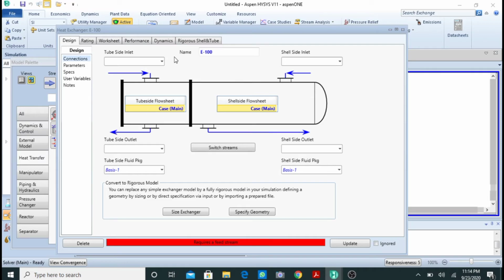So I am going to name these streams. I will name this stream hot inlet 1. This is the outlet, so I will name it hot outlet.